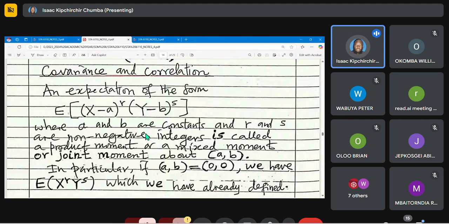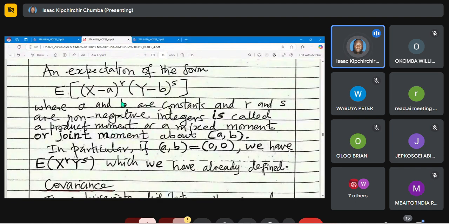Now, an expectation of the form where X is of order r and Y is of order s, about a and b, is a mixed moment. You can see it is X minus a and Y minus b, meaning for constants a and b, we are talking about moments about the point (a, b).